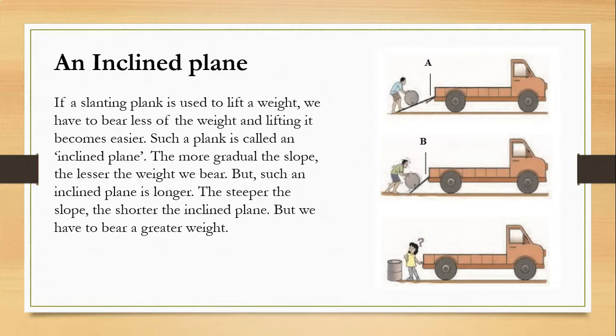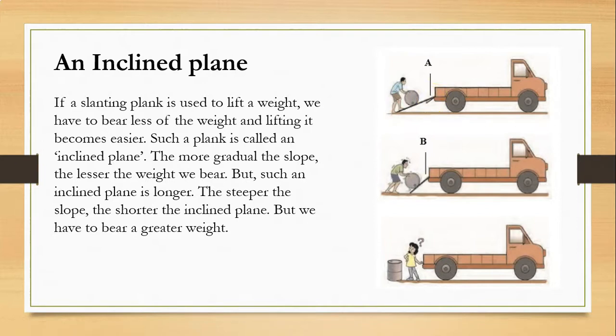The more gradual the slope, the less the weight we bear. Now you think about it. This is a steeper slope. So when he tries to push it, he has to put in more effort. But over here, if he tries to push it, it goes easily.